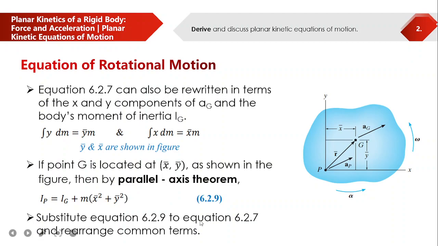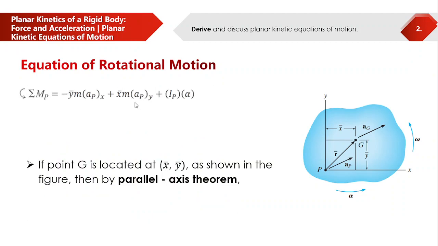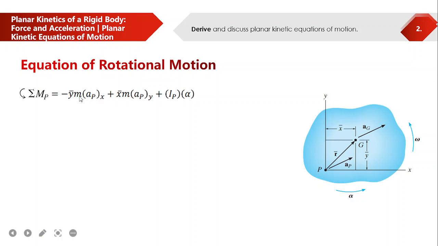Substitute equation 6.2.9 into equation 6.2.7, then rearrange the common terms. Since we already know how to solve for each term here, we can rewrite that into this. So I sub P, in terms of y bar and x bar, we already solved for I sub P. This is away from the center of mass G by the coordinates x bar and y bar.